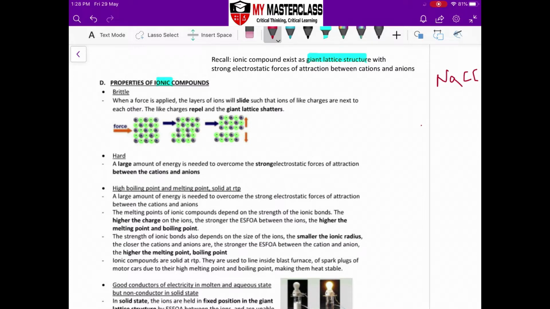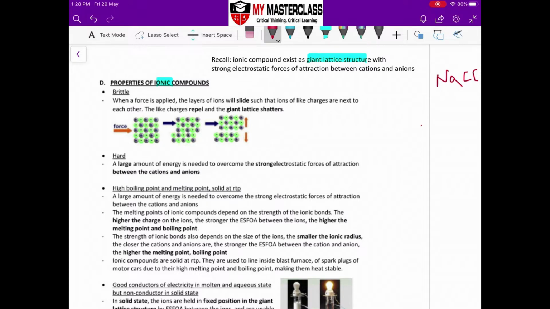If you think about it, the salt that you see in the kitchen cannot be made out of one sodium ion plus one chloride ion. It's actually many sodium ions and many chloride ions joining together to form the salt that you see in the kitchen.